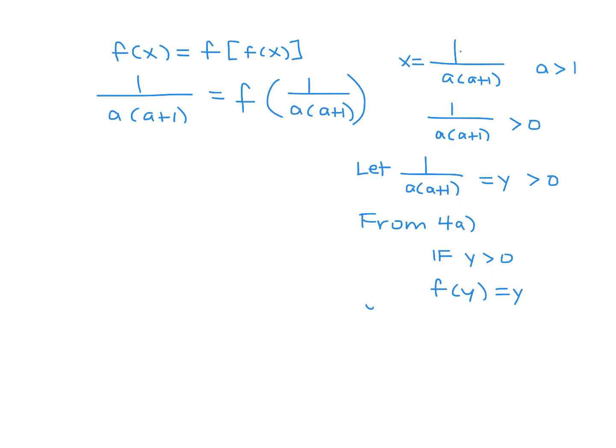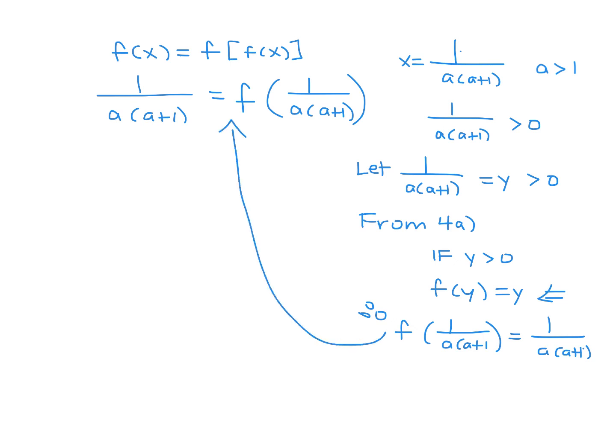So that means, therefore, that f at 1 over a times a plus 1, which is what y is equal to, basically this, is essentially what this is. And therefore, this is true. So, using our knowledge and findings from 4a, we are able to prove what they want us to prove in 4b.